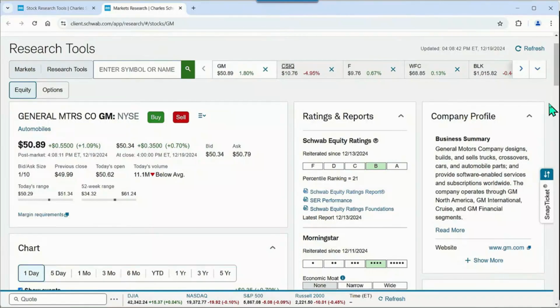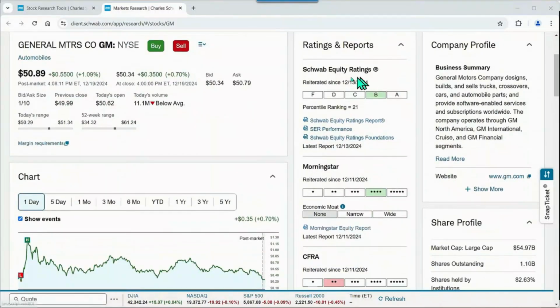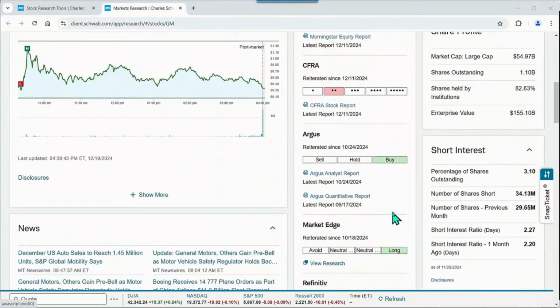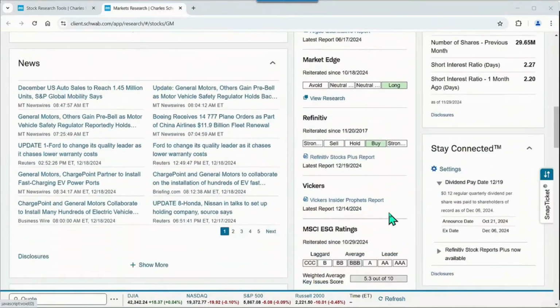And one place that a lot of people like to start is right down the middle, kind of the middle right of this page under ratings and reports. Now, I'm not going to go through these here, but just realize that that is an approach to helping you. I'm not advocating using that as a sole means, but just as a means of helping to inform your overall decision here.